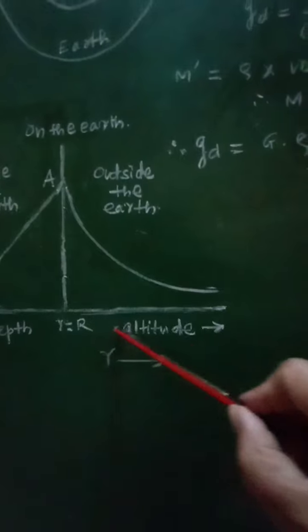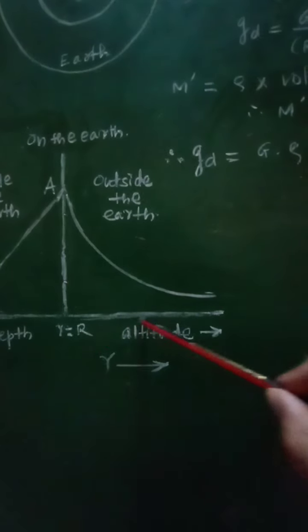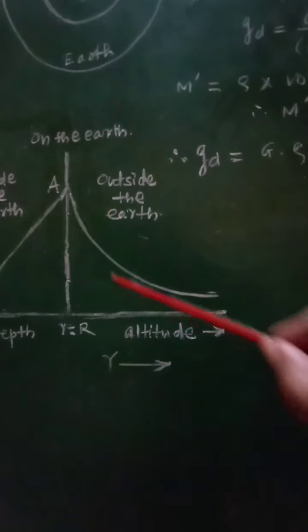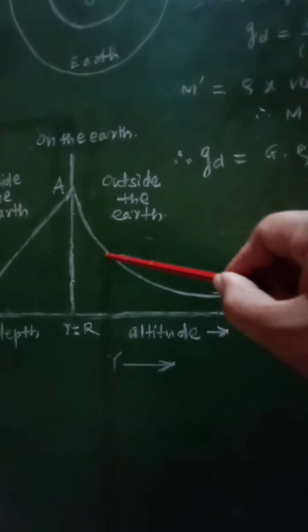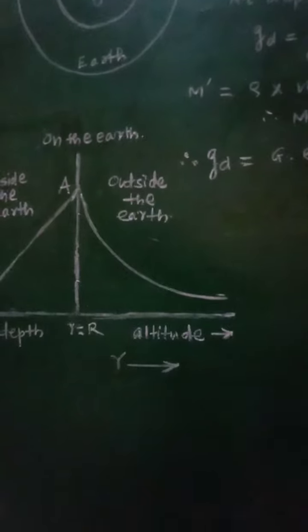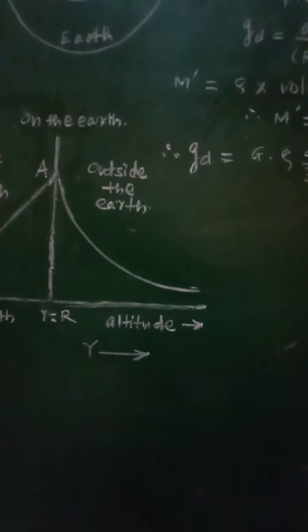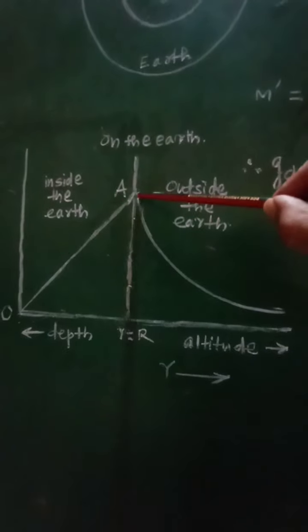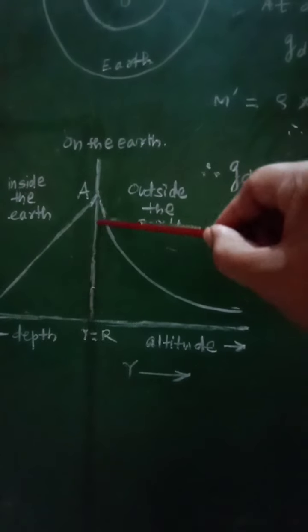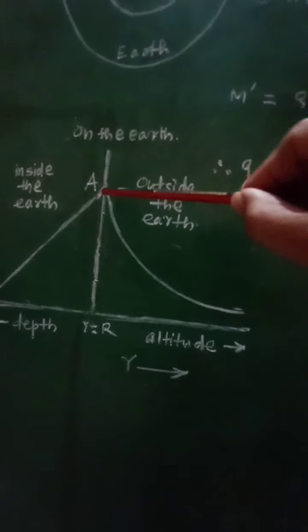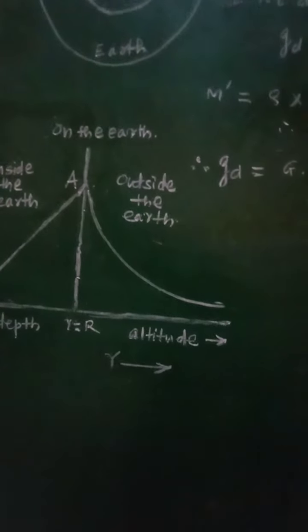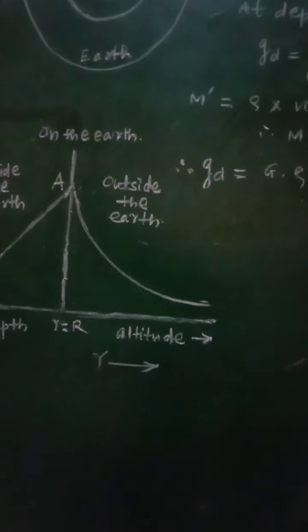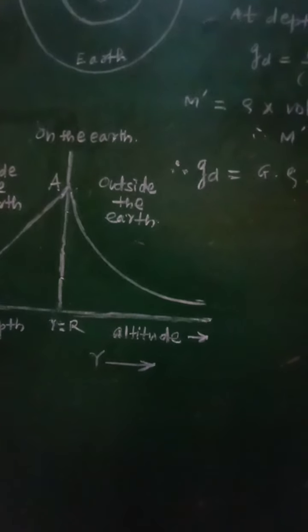Instead of that, if we increase the altitude, that means as we go up above the earth's surface, there will be a decrease in the acceleration due to gravity, but this is not a linear decrease. As for depth there will be a linear decrease, but here there will be no linear decrease. So we get this type of curve, along which the acceleration due to gravity goes on decreasing.